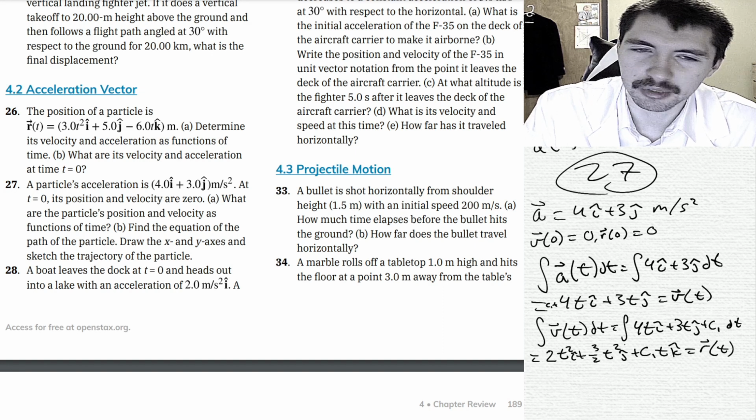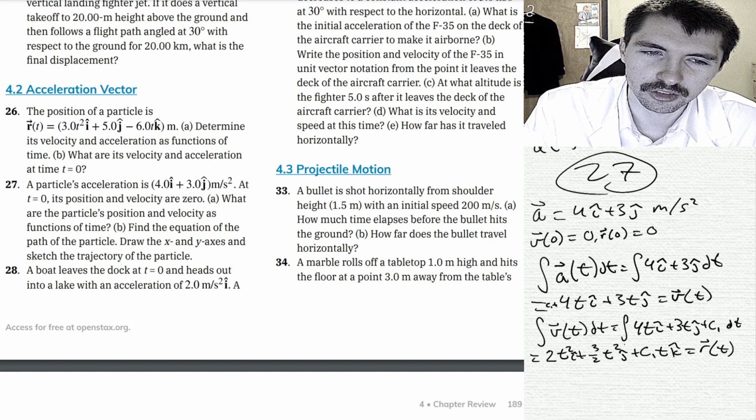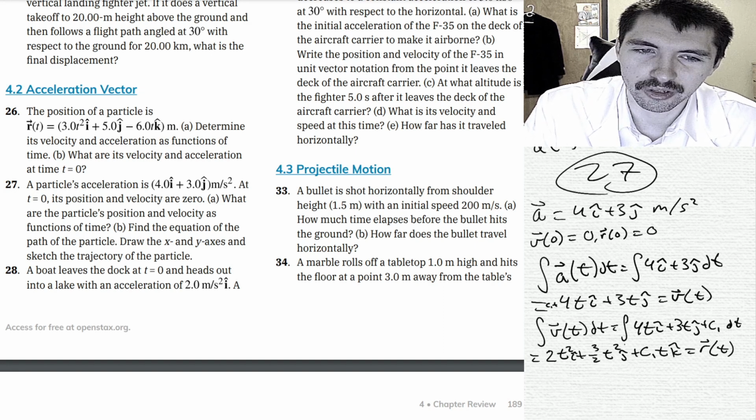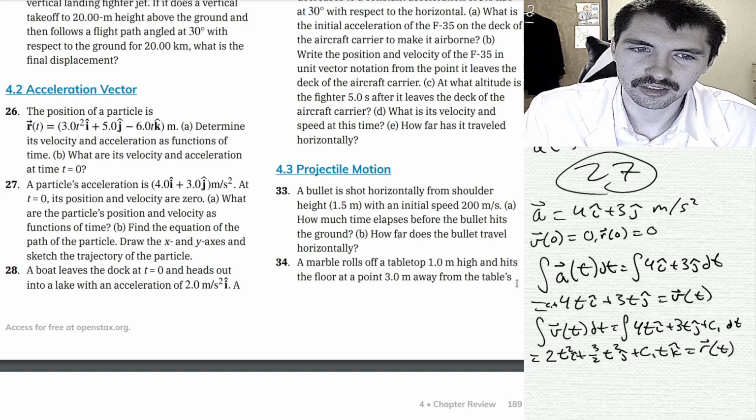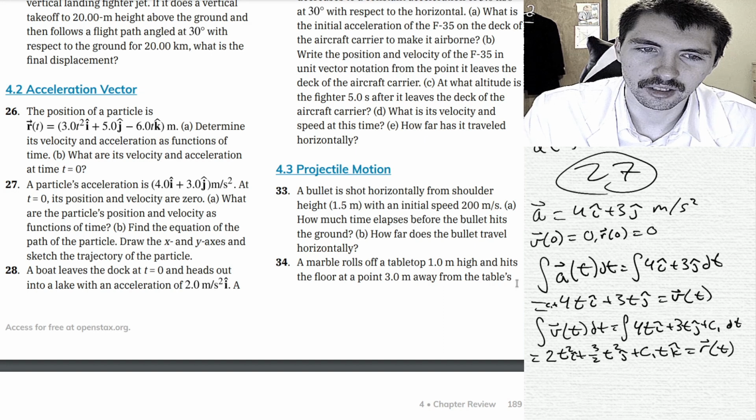Okay, it just seems kind of redundant. We found the functions, so aren't those the equations? Isn't what we just found in A the answer to B? I don't really know what they're asking, so I think I want to check the book to see.